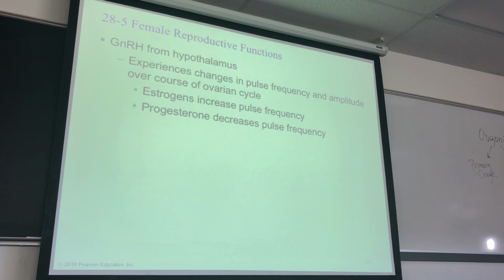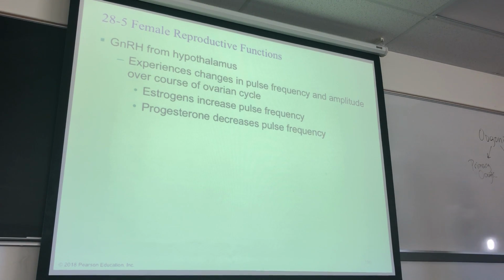Let's look at the gonadotropic releasing hormone. It has kind of a pulse. The hypothalamus has this pulse of releasing the gonadotropic releasing hormone. When it's at a lower, slower pulse, it's going to inhibit hormones.